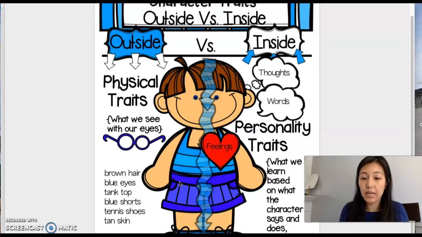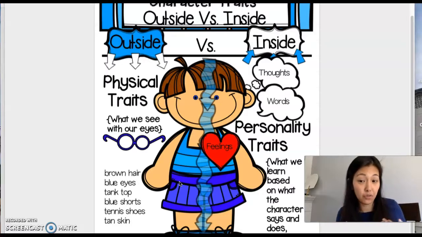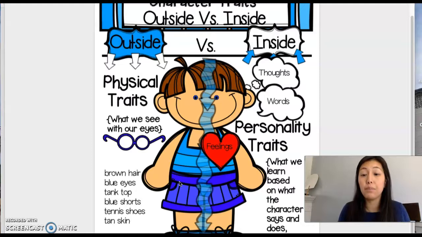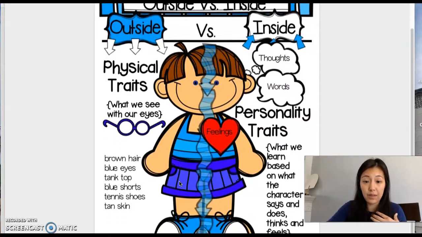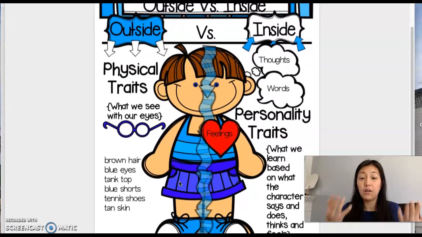He has a tank top, and I would also say maybe a striped tank top with blue shorts and tennis shoes and tan skin. And we can also say he has a big smile. Notice I am describing how he looks with my eyes, and that's called your physical traits.